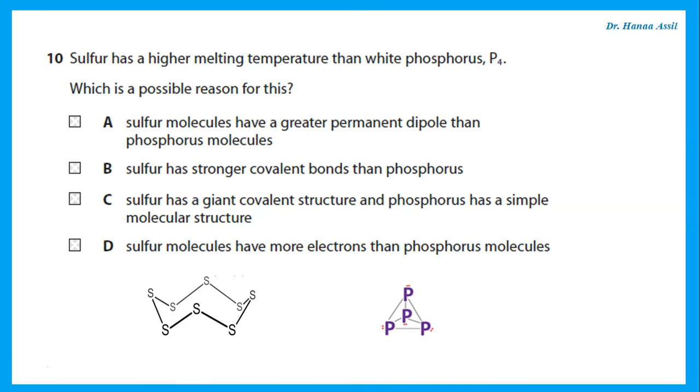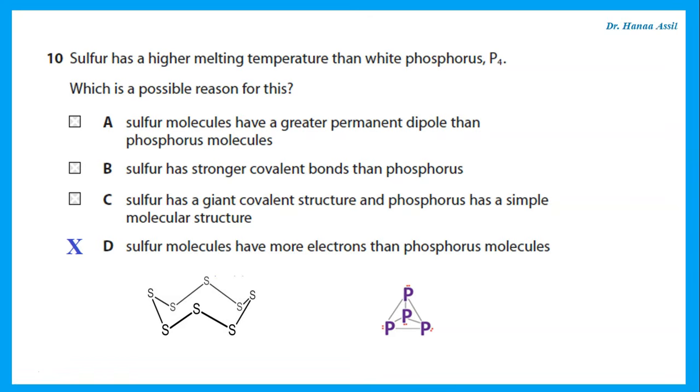So B is wrong. Sulfur has a giant covalent structure? No. We do not regard S8 as giant. Giant like diamond, graphite, these are giant covalent structures because they have many atoms with many covalent bonds. So C is wrong. Now, sulfur molecules have more electrons than phosphorus molecules? Yes, because melting temperature has to do with the intermolecular forces.